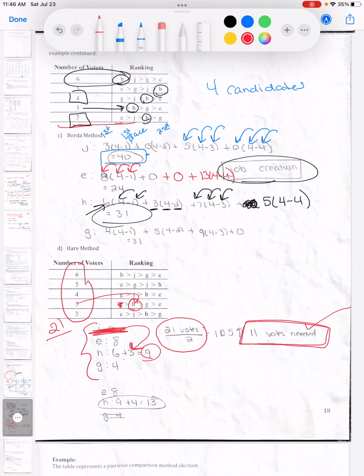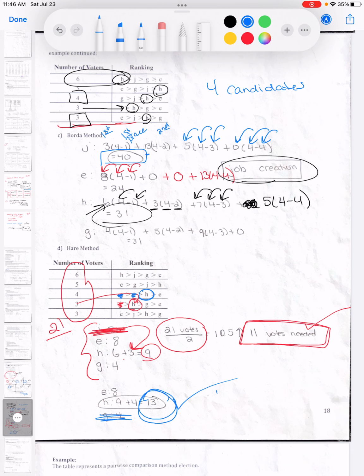Still no one has 11 votes. If someone had 11 votes, I could have stopped right there. No one has 11 votes, so I'm going to eliminate the lowest person, which was G. So I eliminated G, that's these. J's already eliminated, so they also go to H. So I added them to H. H got 13 votes, so it is the winner.